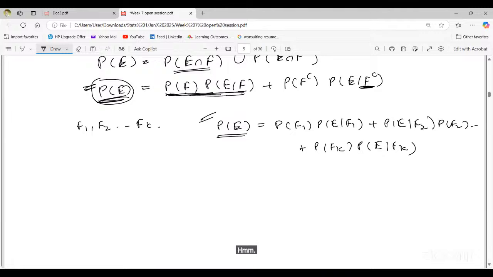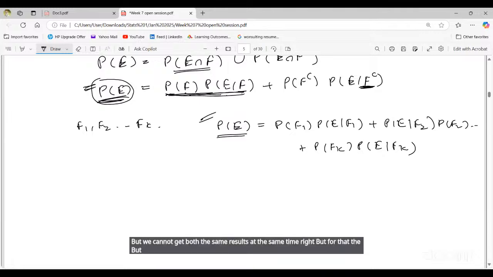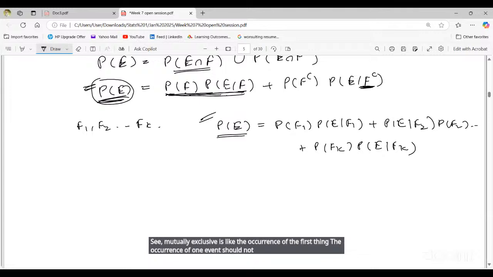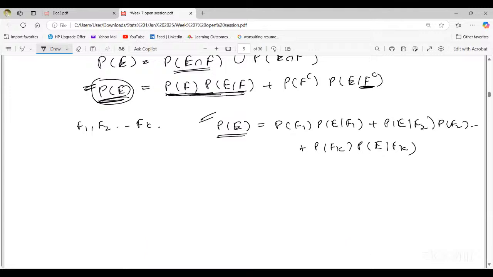Mutually exclusive means the occurrence of one event should not depend upon the occurrence of the second event. In principle, E intersection F would be a null set, right?